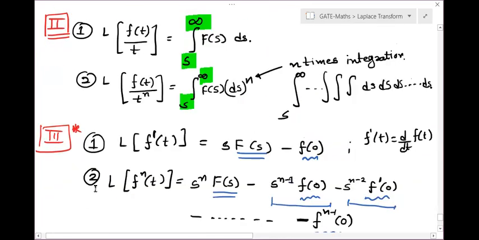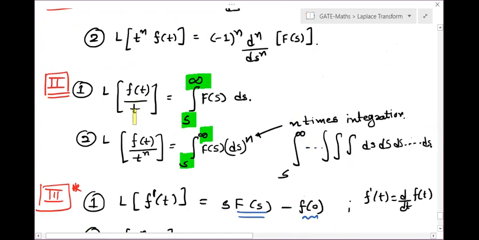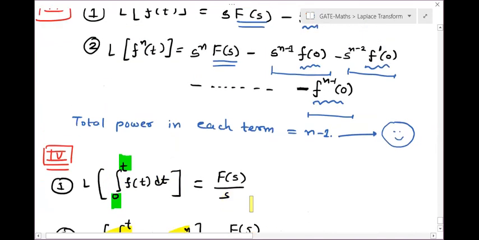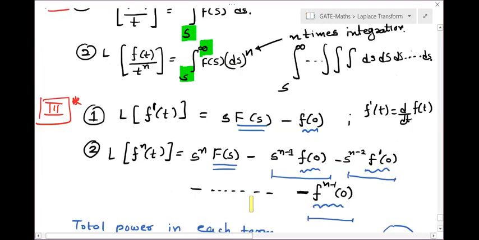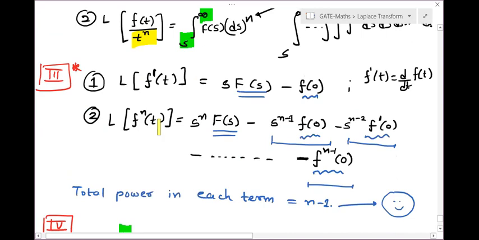Okay. Now let us see another two properties. If you are dividing by the variable inside, you will get integration outside. And if you are taking integration inside, you are going to divide by the variable outside. Here your variable is t inside, and your variable is s outside.